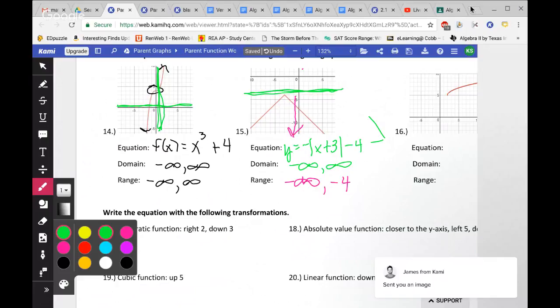Are you seeing that a little bit better? I know domain and range can be so confusing, and I know for a long time it really was for me too. And then somebody did something very similar to me, with a video. I don't know if Miss Wynn assigned the same one, but it was the guy that kind of runs his pencil along the x-axis and the y-axis. Was that the one y'all watched?